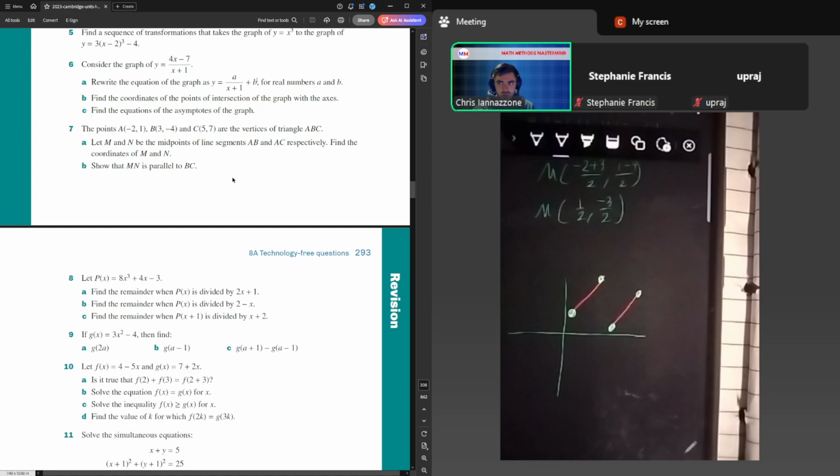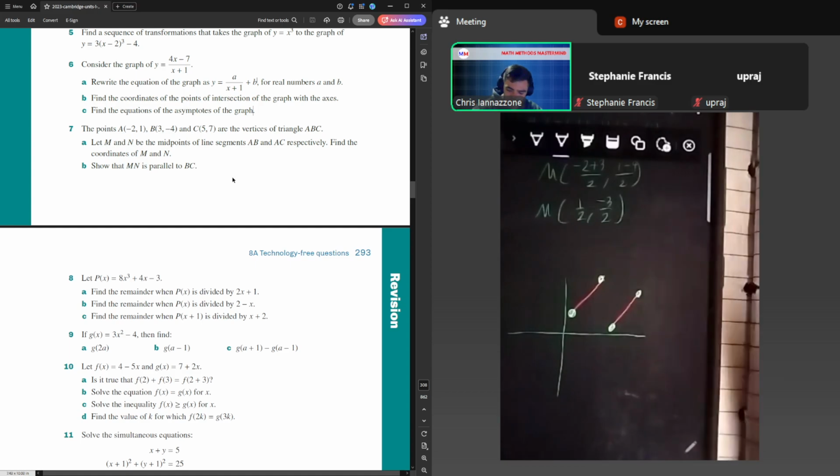Gradient point. Yeah. So the gradient point formula gets you y equals mx plus c, which is fine. It goes further than you need it, but it definitely works. Because you don't necessarily need y equals mx plus c. I might just be misinterpreting what you mean by point gradient method.